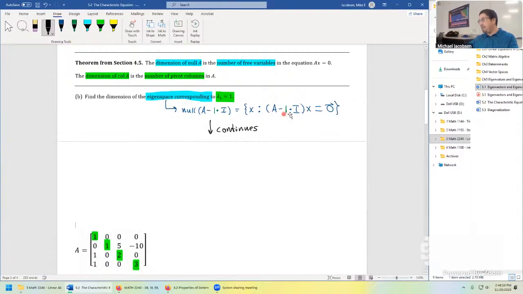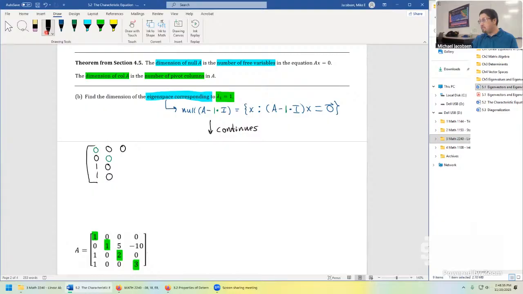So we're solving (A minus 1 times I) x equals 0, and we would get this matrix. 1 times I is just going to go to the main diagonal and subtract 1 each time. So we'll get a 0 here, then 0, 1, 1, then 0, and 0 again when we subtract from this entry, and then 0, 0 below, and so on.